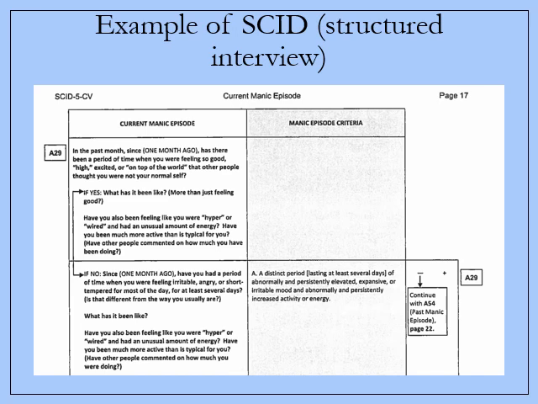So if they have been experiencing a period of unusual excitement in the past month, then you ask what it's been like. So you have this additional query. Is it more than just feeling good? And then it has a recommendation for other things you could ask. And if not, then you have this other query.